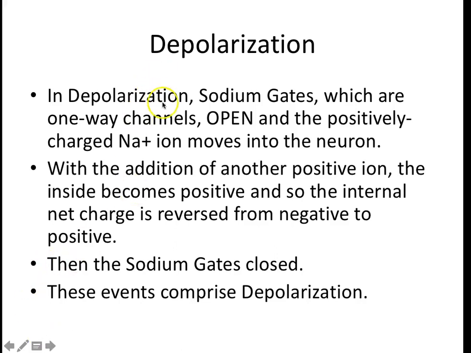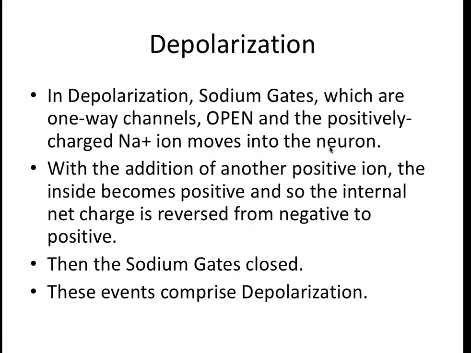And to do that, in the membrane of the neuron, in the dendrites, there are gates. And the first gate that opens is the sodium gate. It's one way. When it opens, it allows sodium to move into the neuron. So sodium goes from the out to the inside. Sodium has a positive charge.